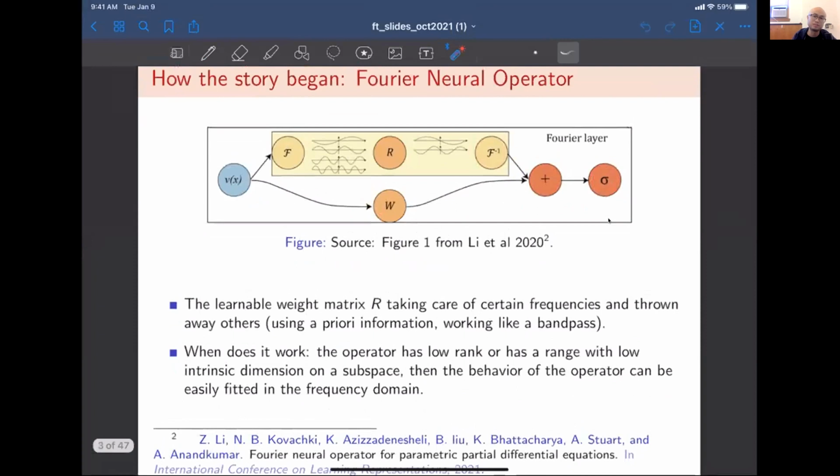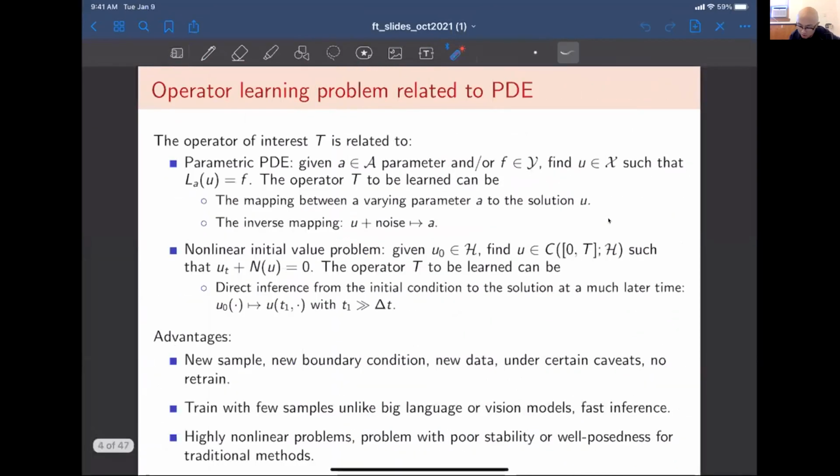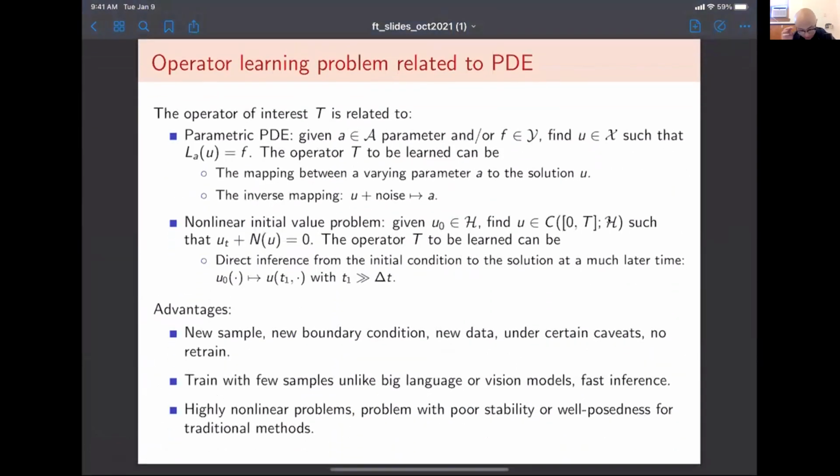And it's pretty simple. Okay, and this is a question right now many people are interested in: the operator learning related to partial differential equations. So we have mainly two problems. The first problem is related to the parametric PDE.